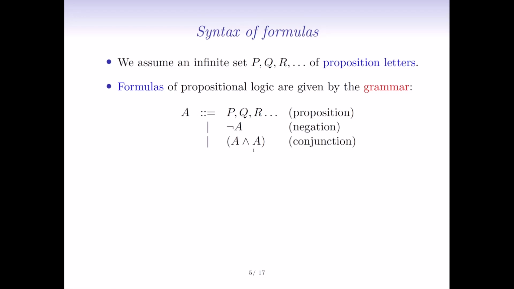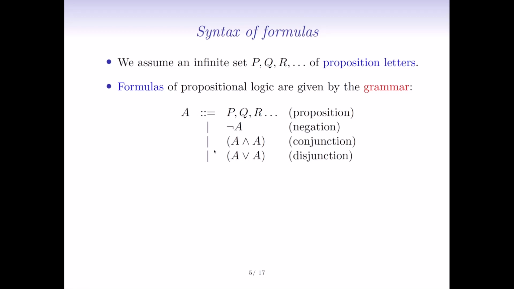They must also be propositional formulas. So another way of saying it is, if A and B are both propositional formulas, then so is their conjunction A and B. Now, I'm also placing these in parentheses. This is going to be so that formulas can be read unambiguously.